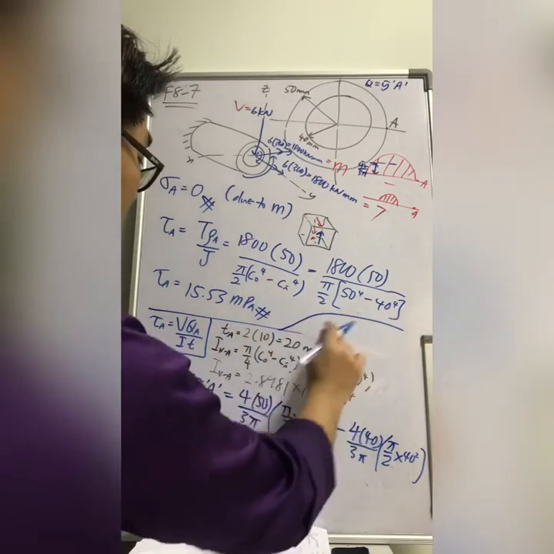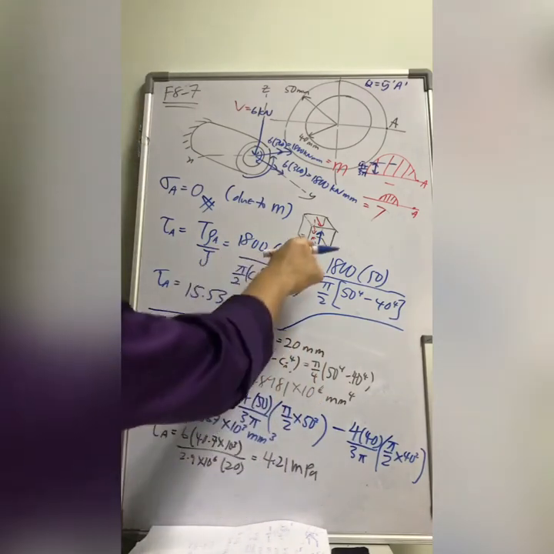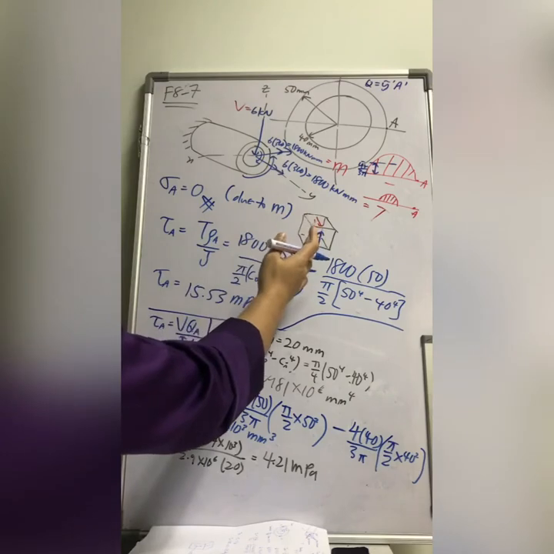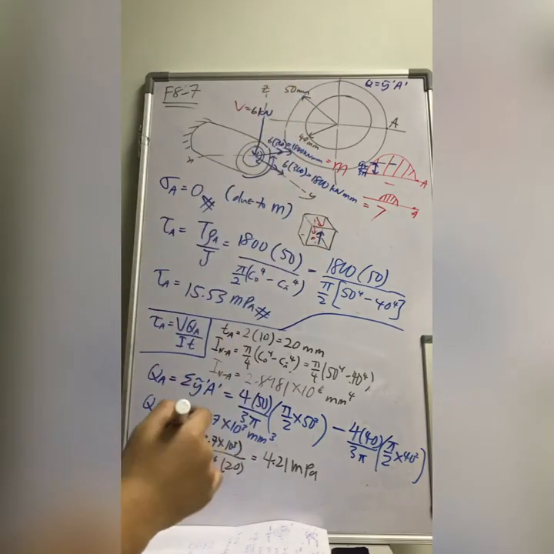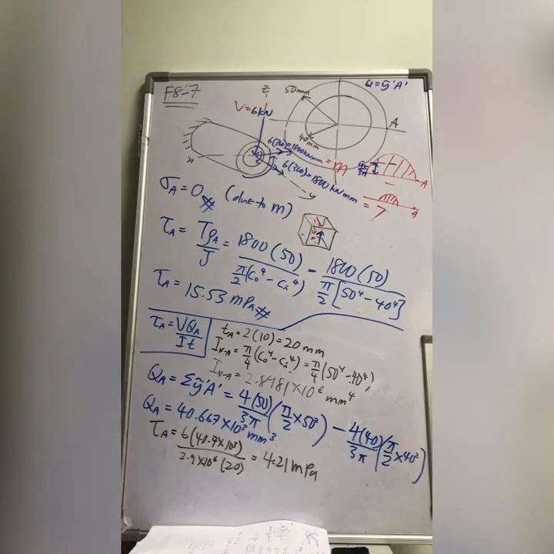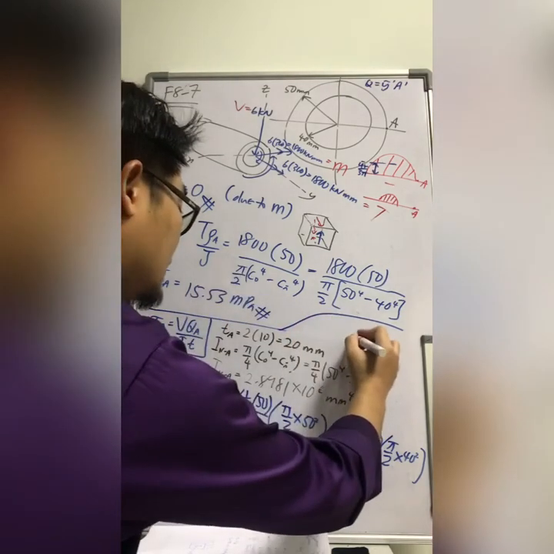Okay, now comes the tricky part. Again, this is tau A due to T, 15.53 megapascal going up. How about this tau A due to V? Where is the direction? I mean, you got the answer 4.21 megapascal, but where is the direction of this? Let me draw this surface first.